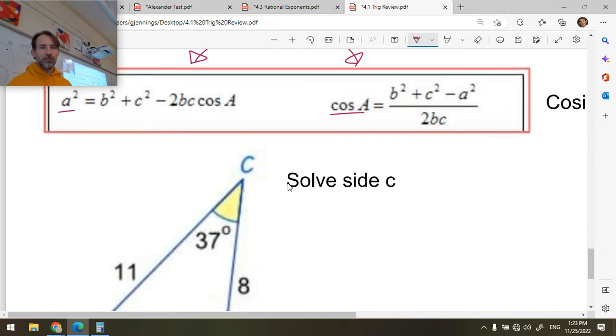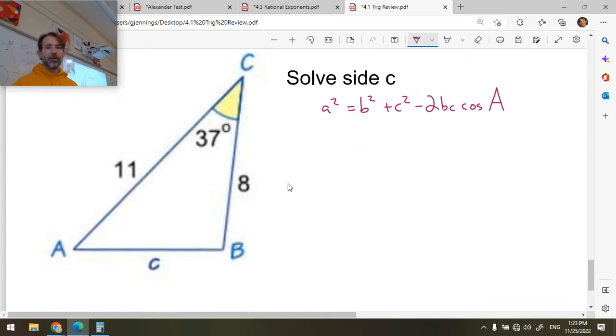Let's use it to solve for a side. First, we're going to copy out our formula. A squared equals b squared plus c squared minus 2bc cosine A. Okay, and then we're going to rock and roll with that formula. Uh-oh, I want to solve for side C, not side A. Does it matter what letter I use to label my unknowns?